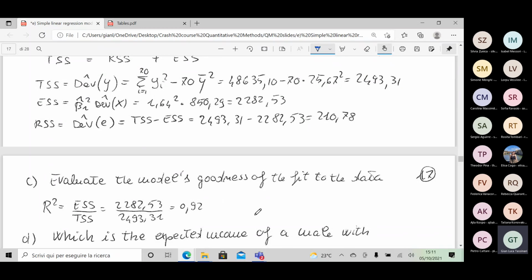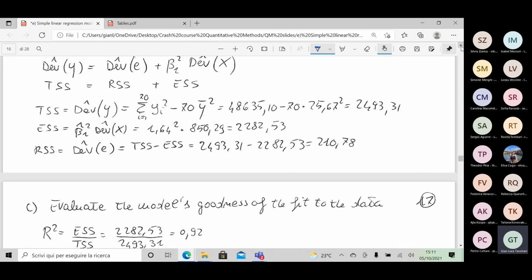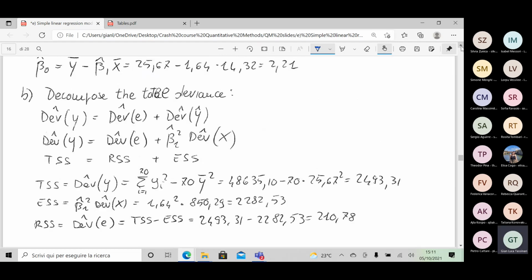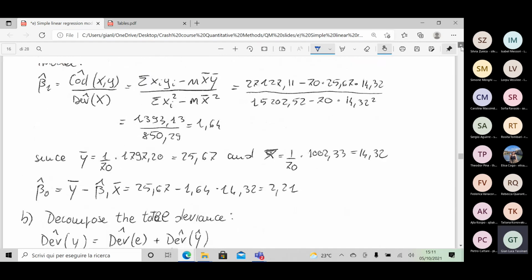0.92. If you want, you can also compute it using the relation with the correlation coefficient. However, in this case, you have to compute first the correlation coefficient. Only to review, which is the correlation coefficient, guys? The covariance divided by the square root of the product of the variances. Or alternatively, the codeviance. You have the codeviance, which is this number.